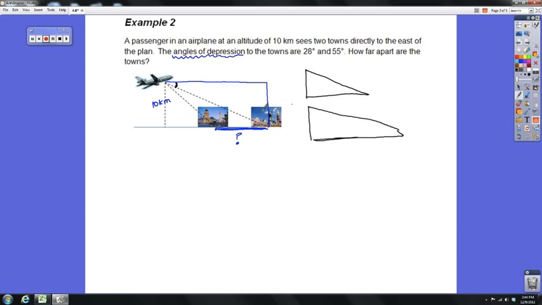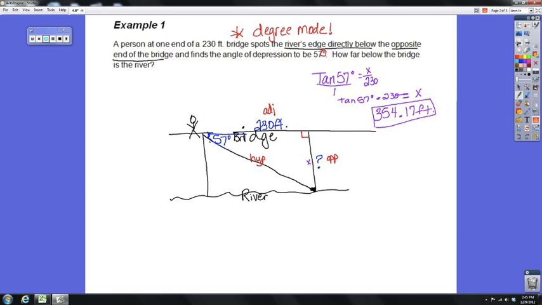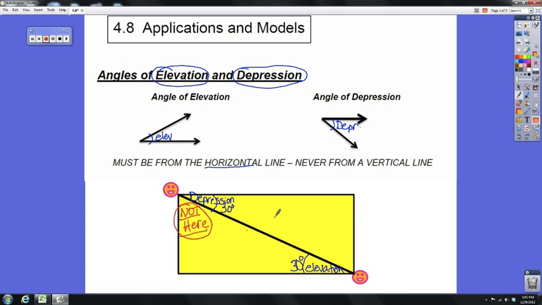I'll call them town A and town B. Town A is closer, town B is further away, and then here's our plane, P for plane. Alright, 90-degree angle. Angle of depression, remember, is the same as angle of elevation. We discussed that over here with the smiley faces.